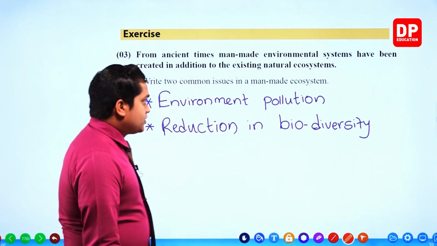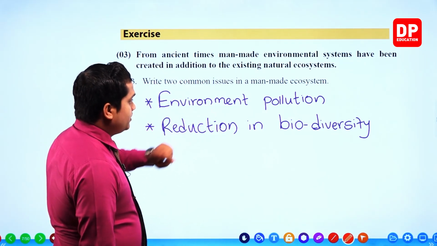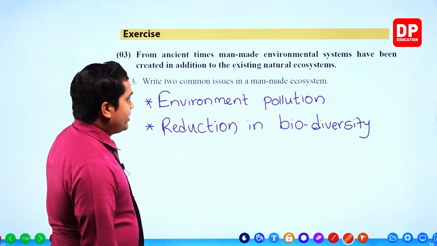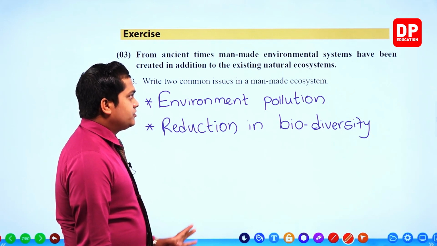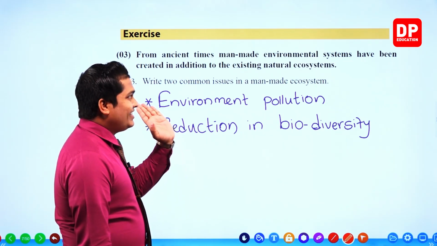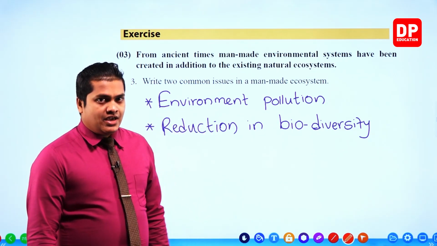So environment pollution and reduction in biodiversity are 2 common issues that can be identified in each and every man-made ecosystem.